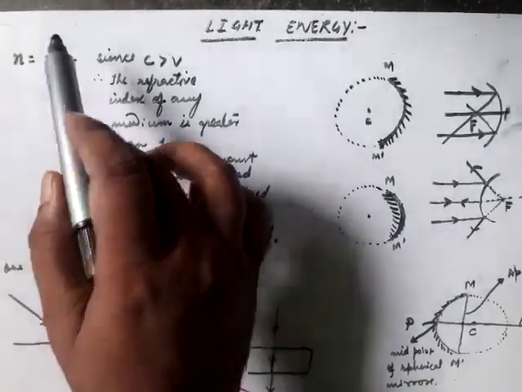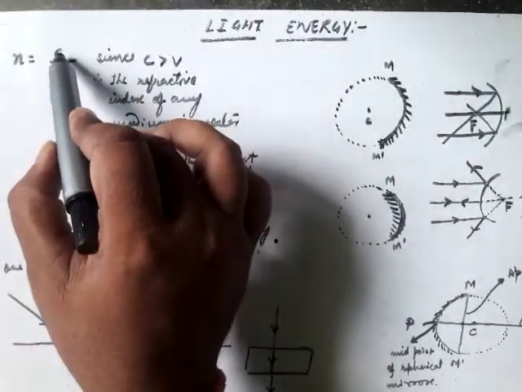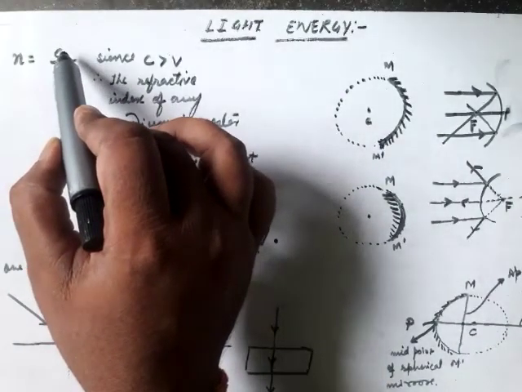as the speed of light. This is small c, where c is denoted as the speed of light.